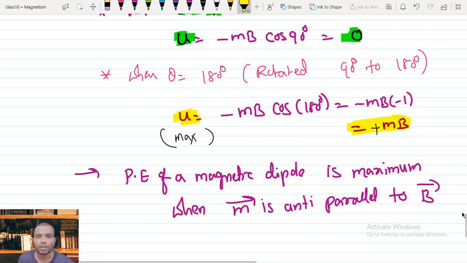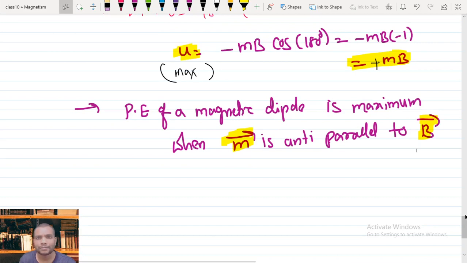So I hope you know both the directions. Magnetic moment vector in a bar magnet is represented from south to north pole, and here it is anti-parallel to the magnetic field vector. So if I draw a diagram here, suppose this is the magnetic field direction.